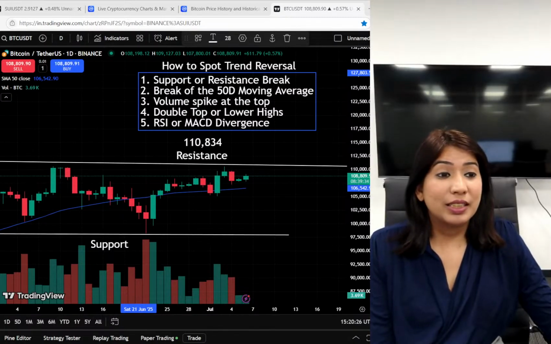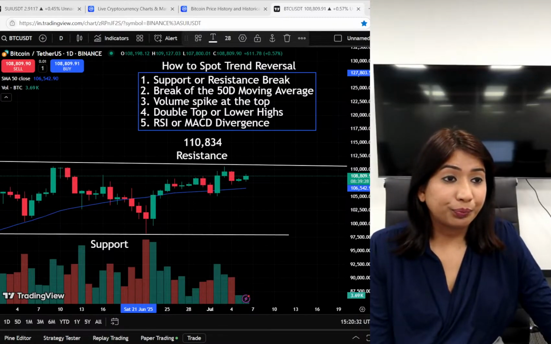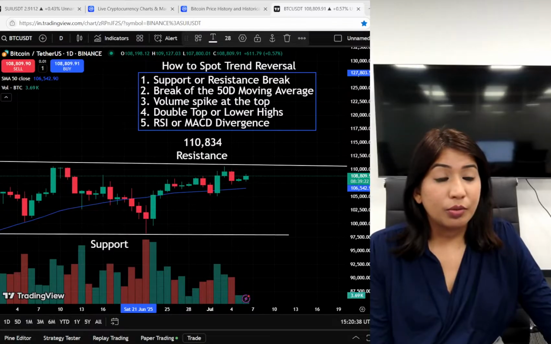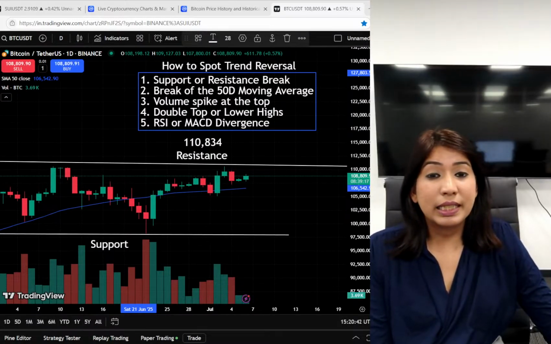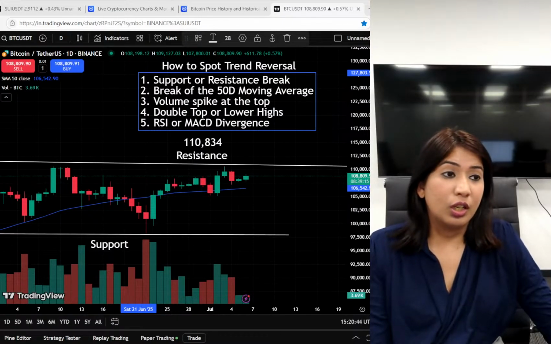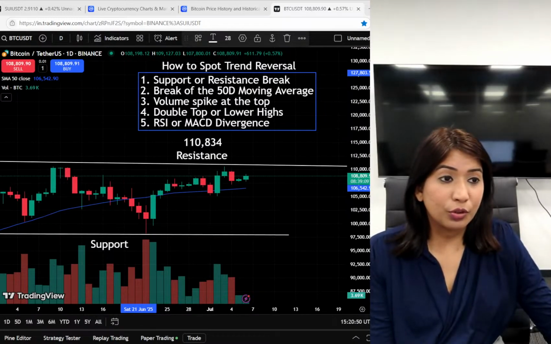On MACD, it's easy to spot it, but on RSI, again, if it's above 70 on the overbought side, then it will be signaling a bearish reversal. And if it is less than 30, then it will be signaling a bullish reversal. So you have to look for divergence.